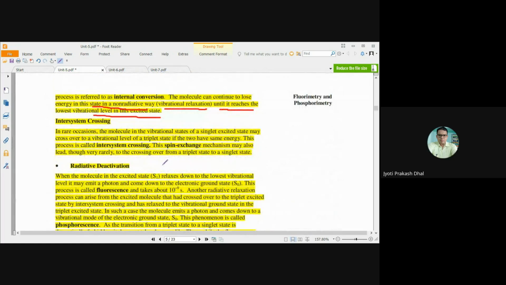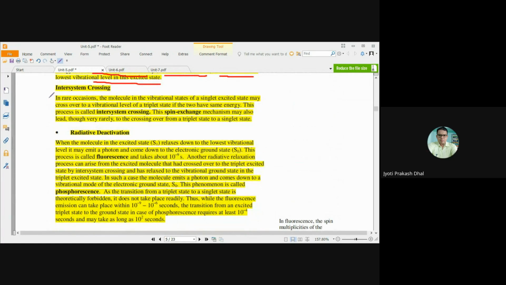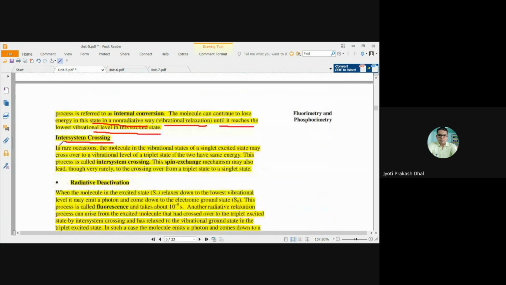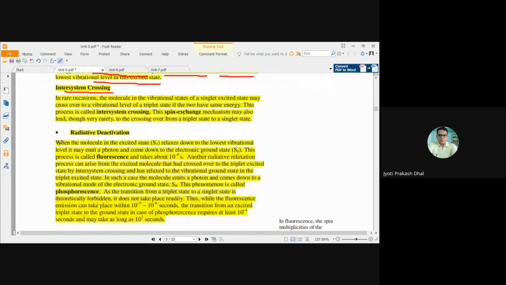Now coming to another type of relaxation process, called inter-system crossing (ISC). The first one is vibrational relaxation, then IC, then inter-system crossing. On rare occasions, the molecules in the vibrational state of a singlet excited state may cross over to a vibrational level of the triplet state if the two have the same energy.